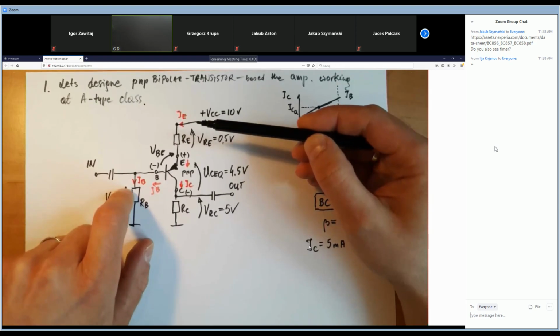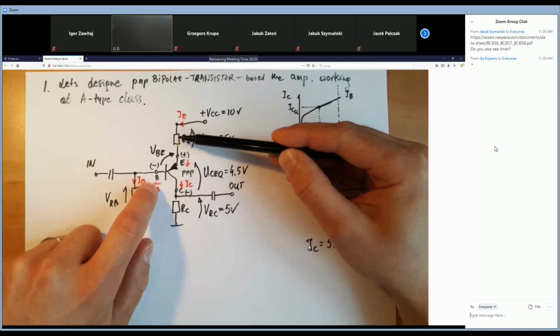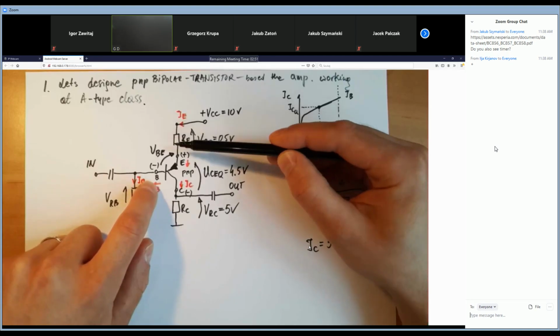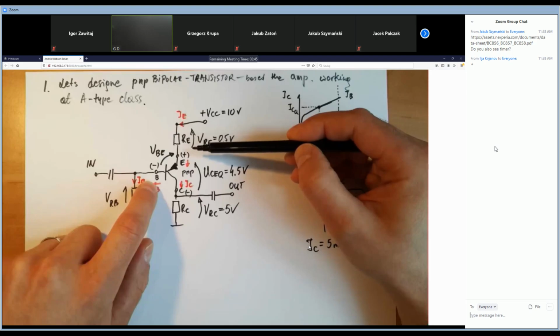And if the resistance changes here, for example, let's say it is going down, something happened and this resistance is going down, it means that the voltage drop on this resistor is going down too.